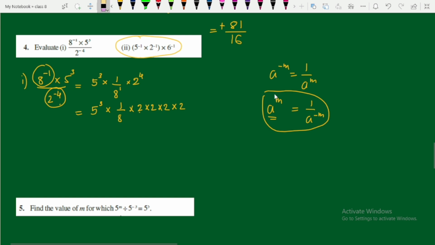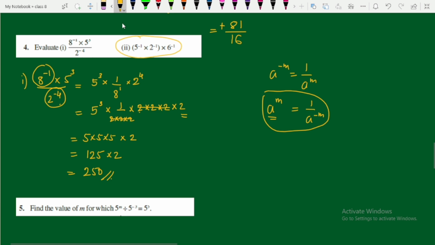And this 8 we can write as 2 into 2 into 2, 3 times. So the 3 twos cancel with the 3 twos, and 2 remains. Now the answer becomes 5 raised to 3, that is 5 into 5 into 5, into the remaining 2. 5 5s are 25, 25 into 5 is 125, into 2. So the answer is 250.